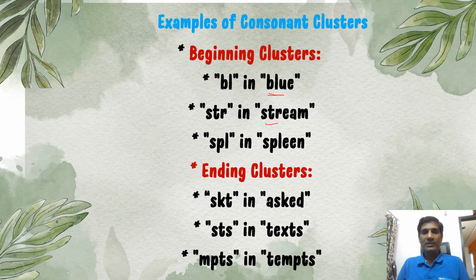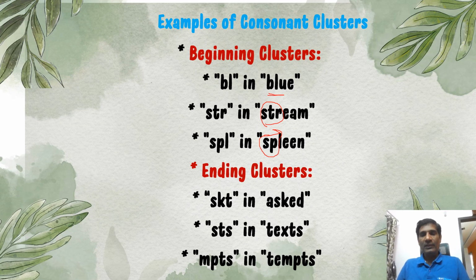Then stream. Three consonants: stream. Then spleen. In this, s, p, l is three consonants from the beginning. These are beginning clusters or initial consonant clusters. Let's see ending clusters.